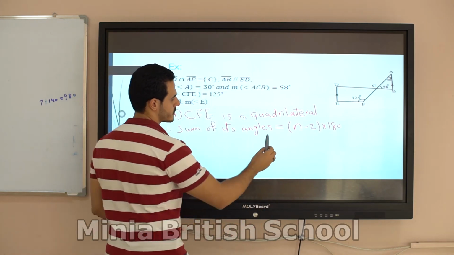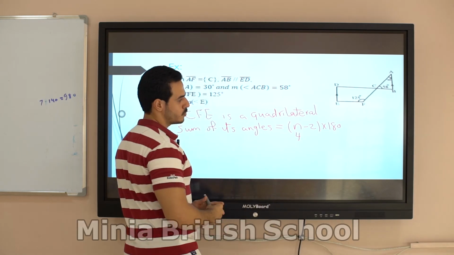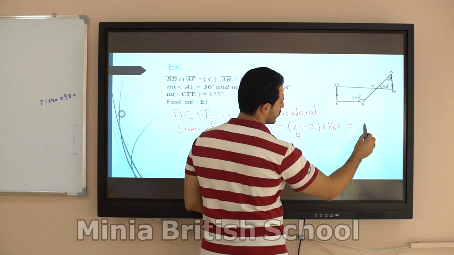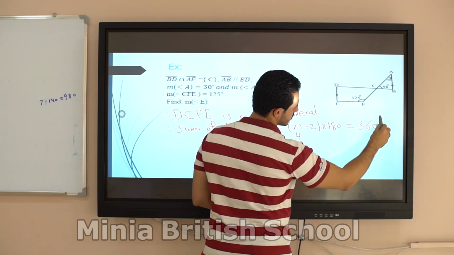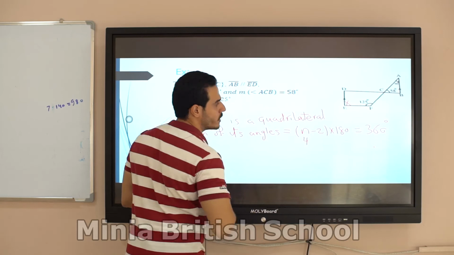Okay, n is 4. 4 minus 2 is 2. 2 times 180 equals 360 degrees. So let's add all the angles.